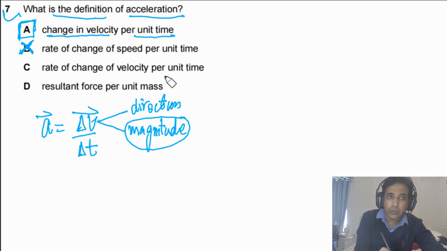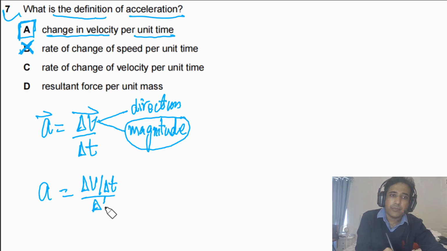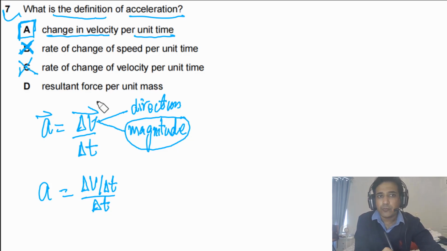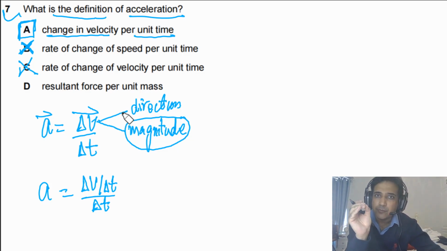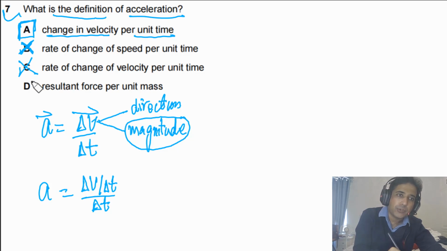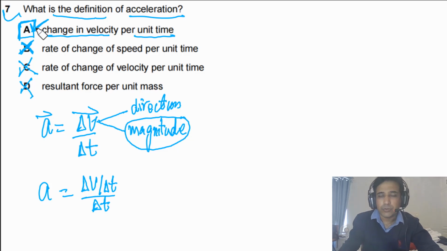Rate of change of velocity divided by delta t is not acceleration. Resultant force per unit mass is not the definition either, so this option is also incorrect. So the best answer for this question is A.